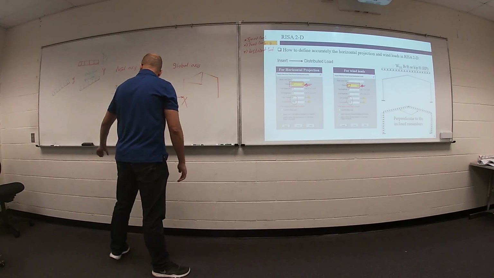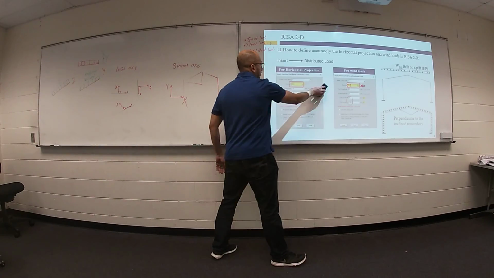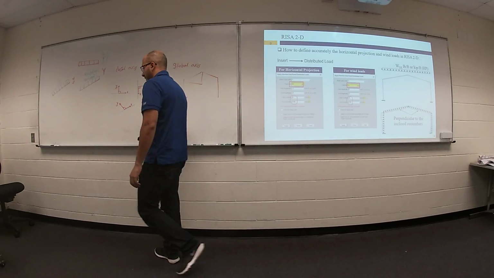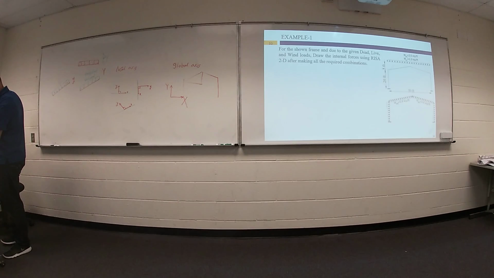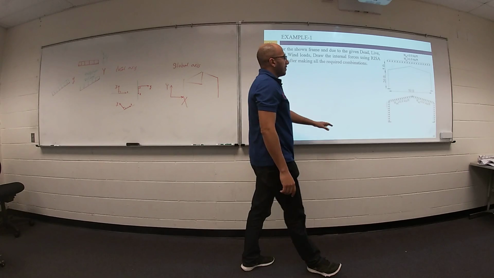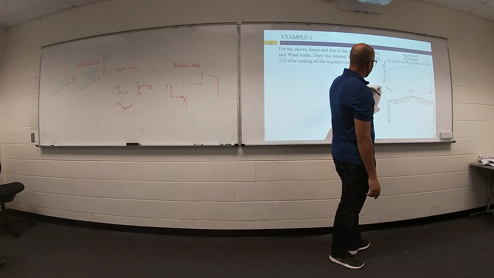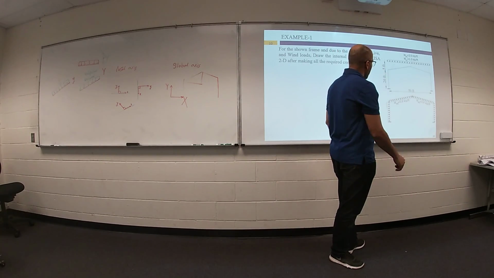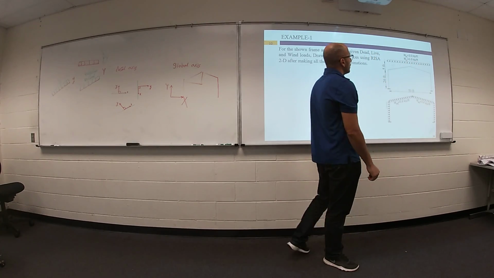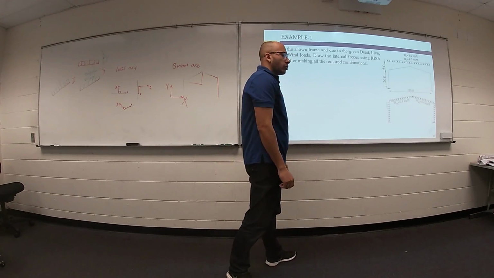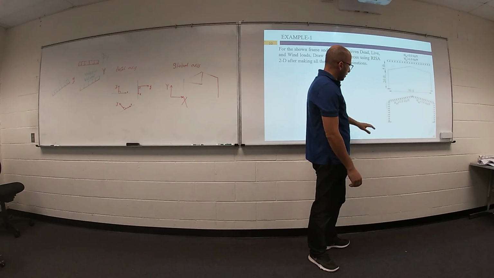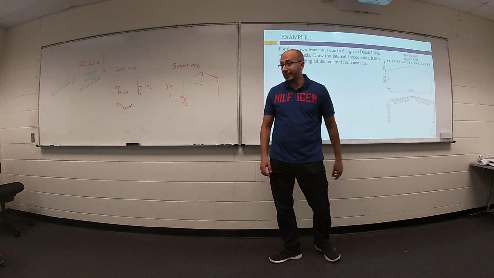Let's do an example. We have a frame, 15 feet, this height 20, and this one is 5. We need to define dead load 2, live load 1, horizontal projection. We need to define wind load, this value is not written.